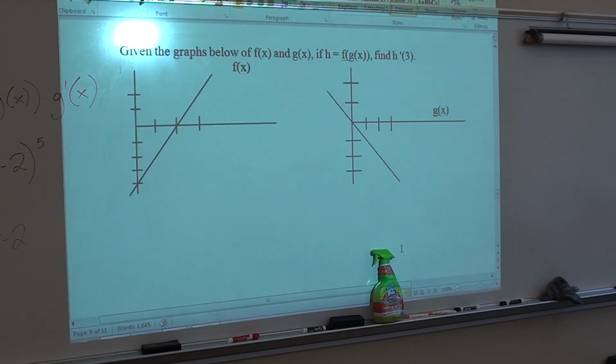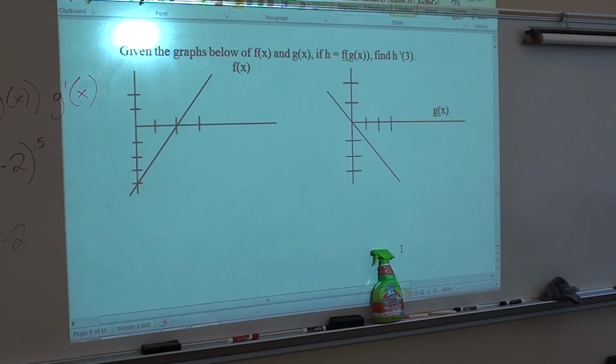So that's the derivative. Write out h prime of x. Then when you plug in 3, we want h prime of x.